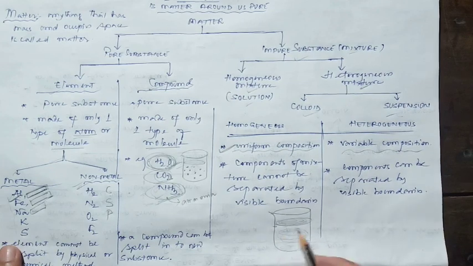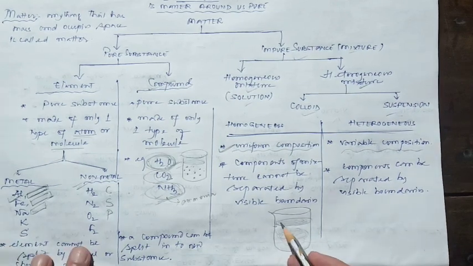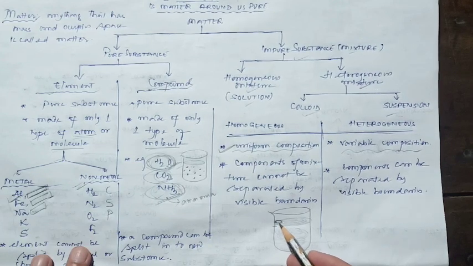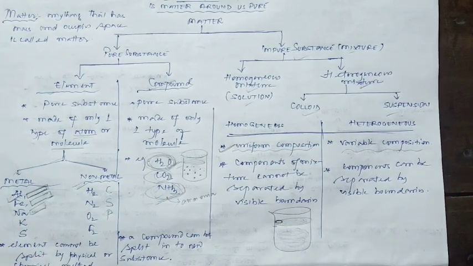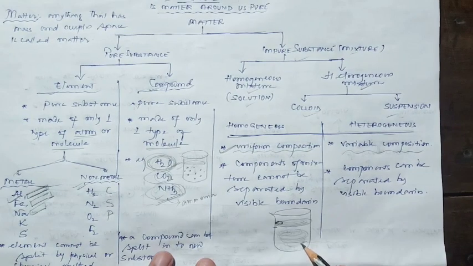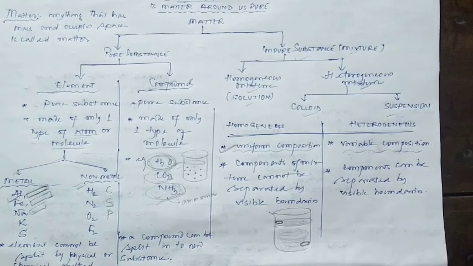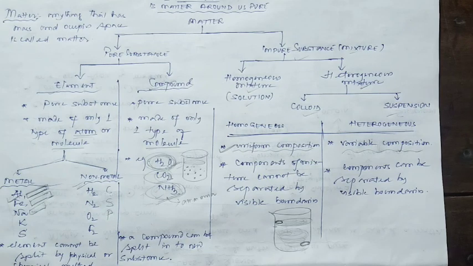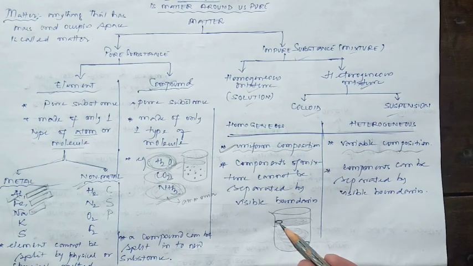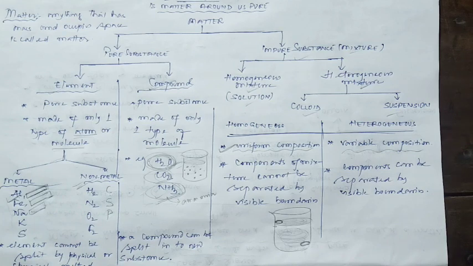If I take a teaspoonful from this part of this container and taste it, and if I take a small teaspoonful of this mixture from this part and taste it, these two parts of the mixture taste the same. If you take a teaspoonful of sugar water mixture from this, it will not taste different than this part.